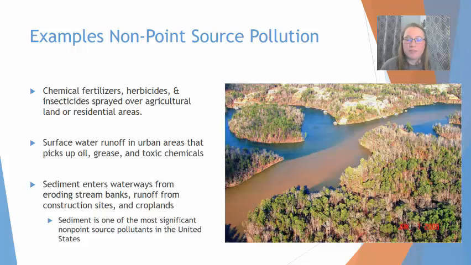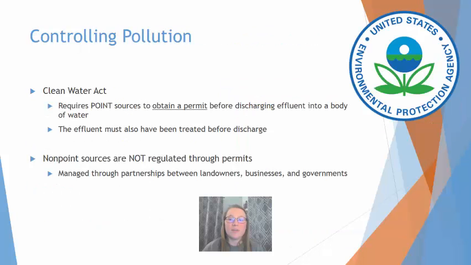An interesting bit of information is that sediment is one of the most significant or largest sources of non-point pollution in the United States. In this image on this slide, we can see a river that is full of sediment pollution pouring into a river that does not have an issue with sediment pollution, and you can see the color differences between the two.